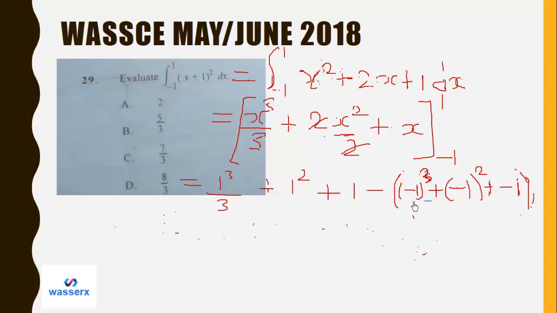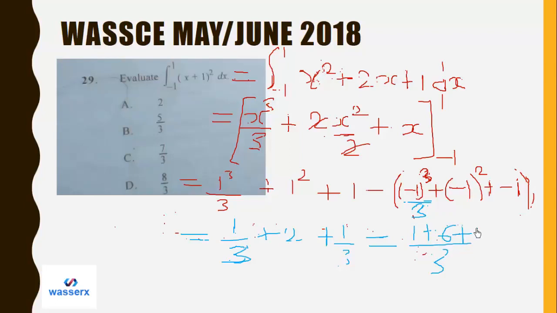Now if you simplify this, you are going to get 1 over 3, then plus 1 plus 1 which is 2, then plus 1 over 3, because this will give us 0. Now if you simplify this, 3 will go into 3 once, then this will give us 6 plus 1. So the whole thing will give us 8 over 3. So the correct answer is option D.